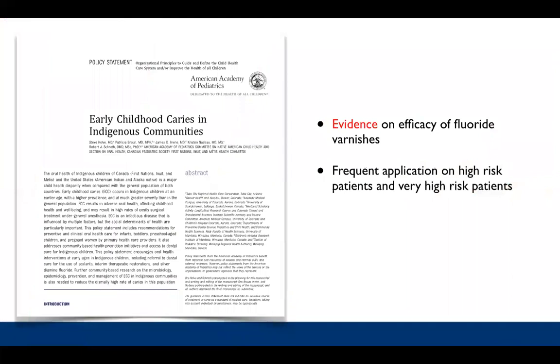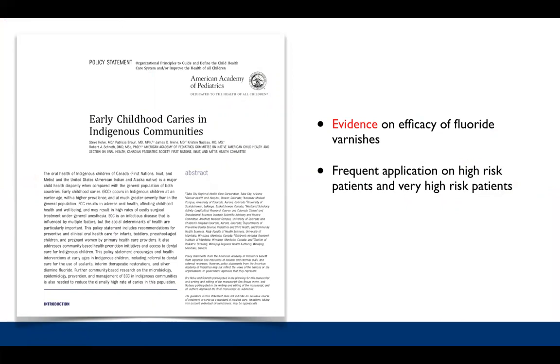Now, do we have enough evidence about this preliminary protocol? No, we do not have enough evidence, but currently at the Center for Early Childhood Caries, there are studies going on to reaffirm this protocol.